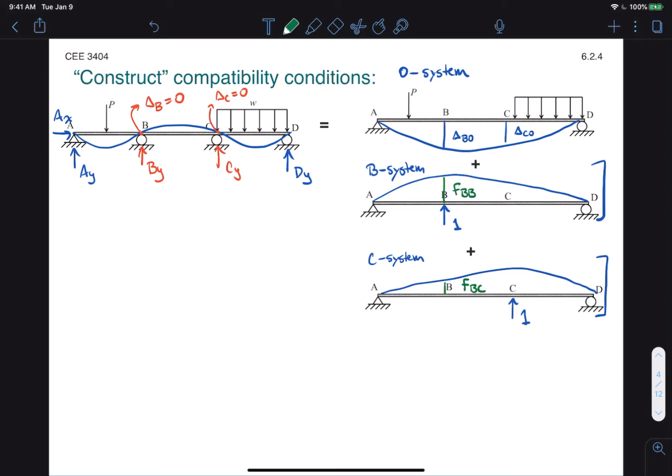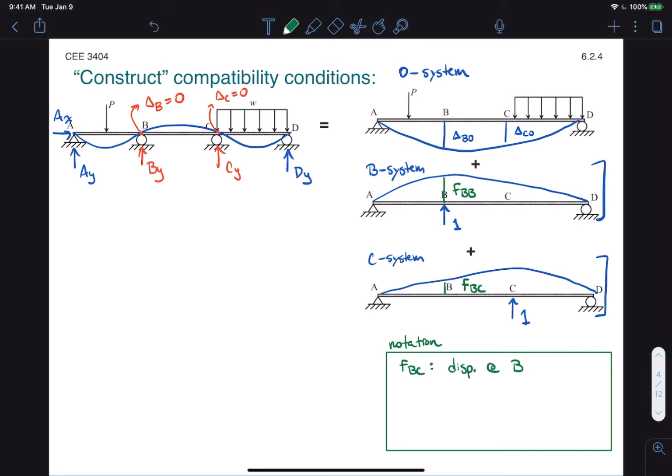Okay, just a quick note about this notation. Whenever we say FBC, for example, we're referring to the displacement at B due to a force applied at C. Or in other words, the displacement of B for the C system. Recall that I call it the C system because the force is applied at C.